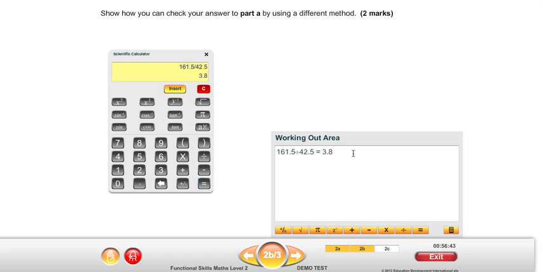If we write that in, it shows that the first part of my calculation is correct, as this is where I started from.